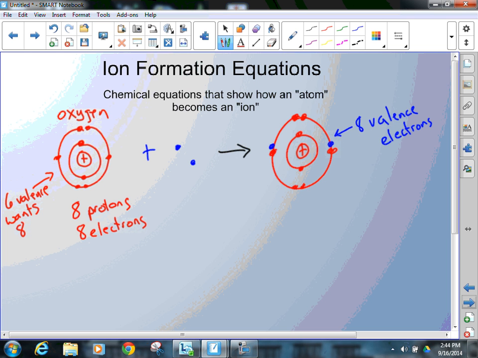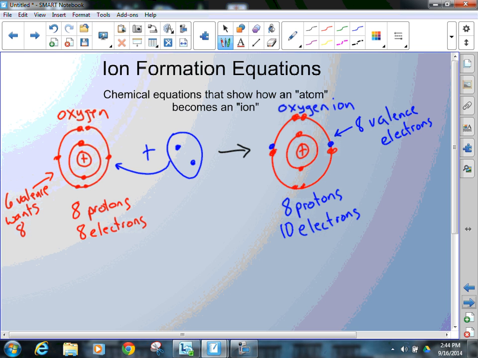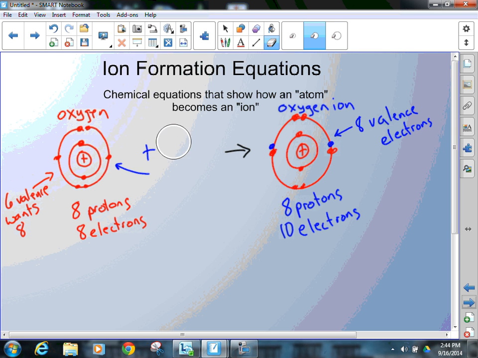So this is the oxygen ion now. And it's an ion because it's charged. It still has 8 protons, but now instead of 8 electrons, it has 10, right? Because we added these 2 right here onto that atom.